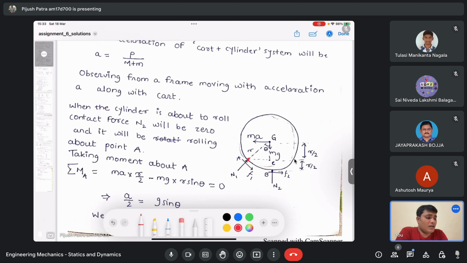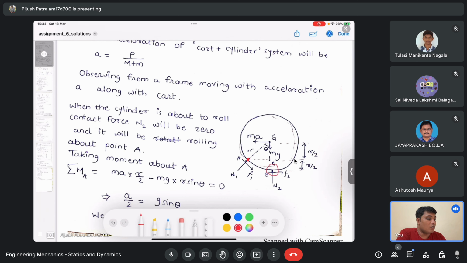Then tell me what should be that quantity, P divided by M plus m, into g, what will it be? When the cylinder is about to roll, the contact force N2 will be 0, because, like the previous case, it will leave that surface.